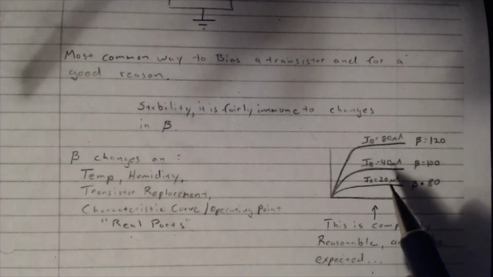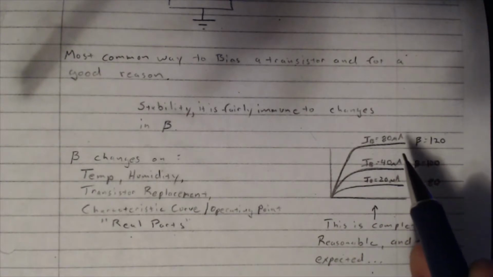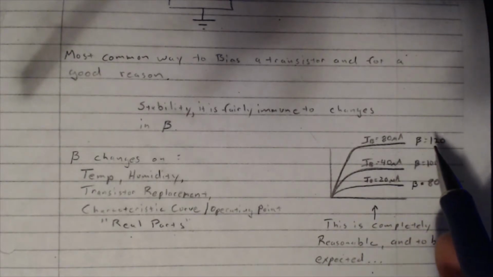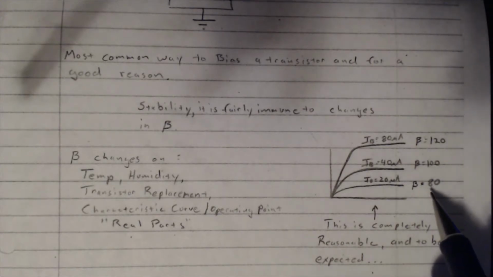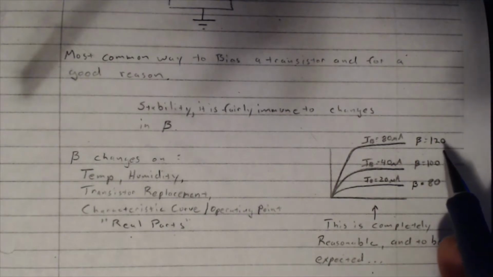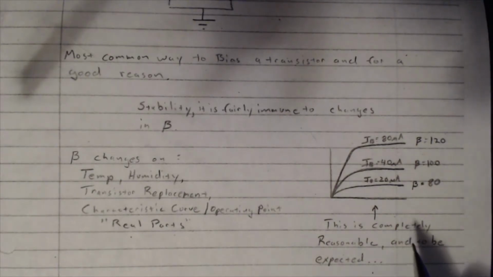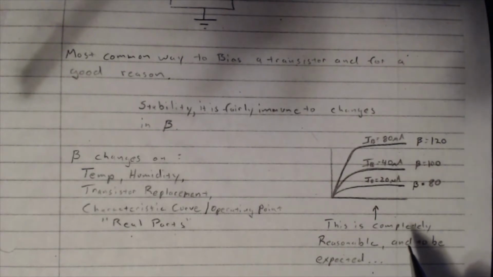And for different base currents, you'll actually arrive at different betas in practice. So with a real transistor, beta sometimes might be 80, other times it might be 120, and all in between. This is to be expected. These are real components. This is how they behave.